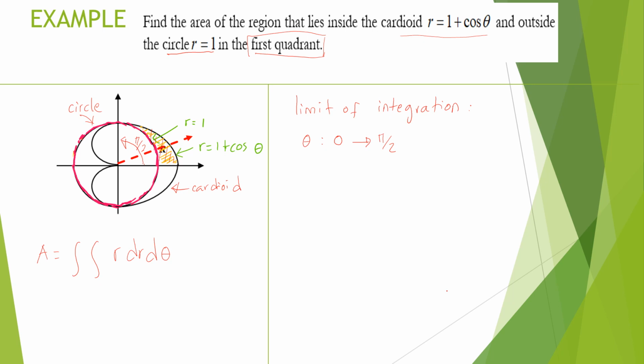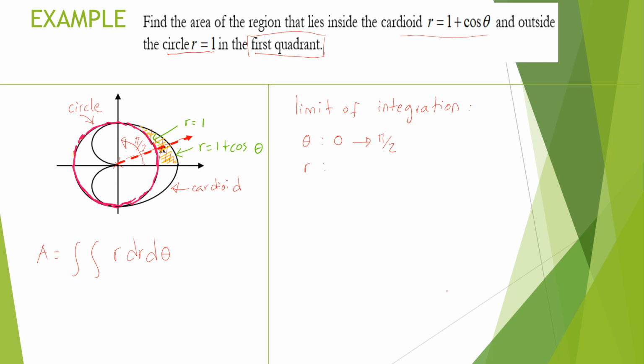As for our radius, look at our red arrow here. This is our ray which comes out from the origin. We have to identify which graph is the inner side and which graph is the outer side.